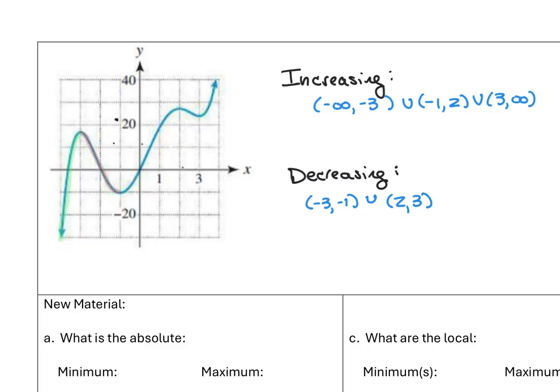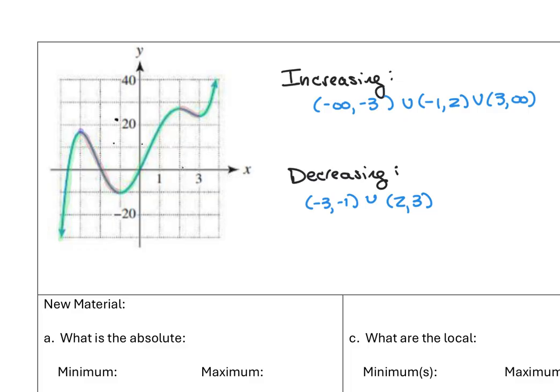We take our drink of water, and then we go up the mountain to 2. And we go a little bit down the mountain to 3, and then we continue hiking up to positive infinity. All right, so let's go ahead and identify these mins and maxes.